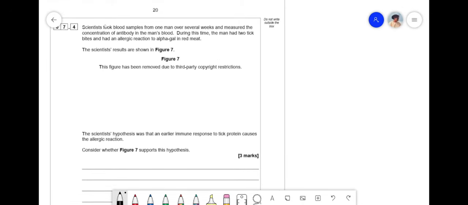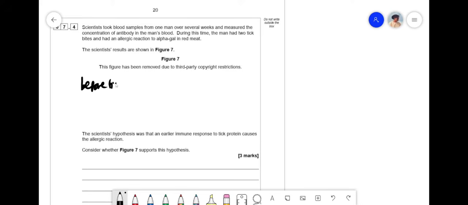Scientists took blood samples from one man over several weeks and measured the concentration of antibody in the man's blood. During this time, he had 2 tick bites and had an allergic reaction to alpha-gal in the red meat. Okay, so let's have a look. So I'm going to make up a table.